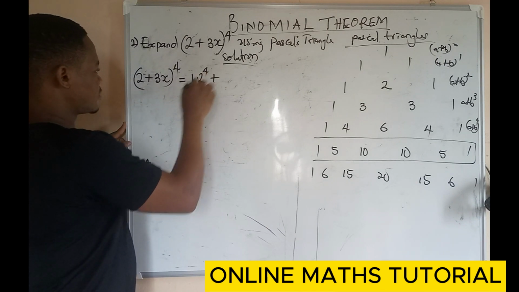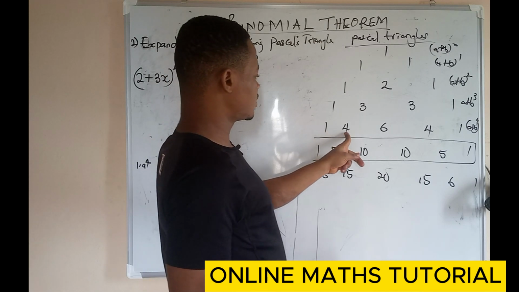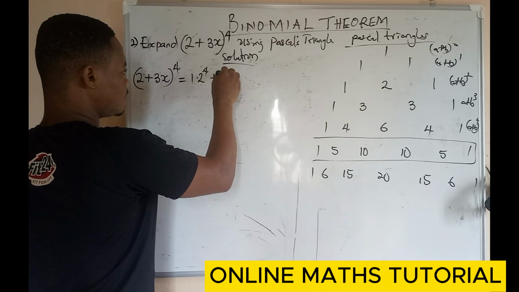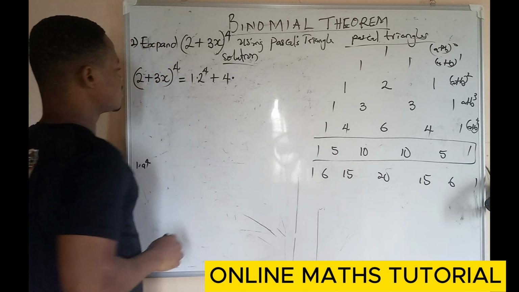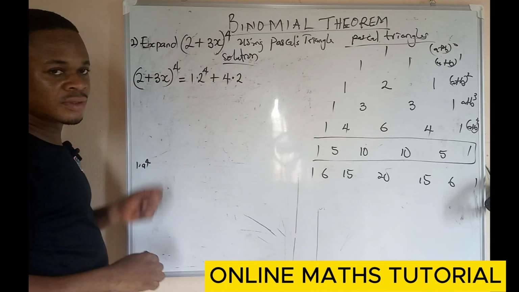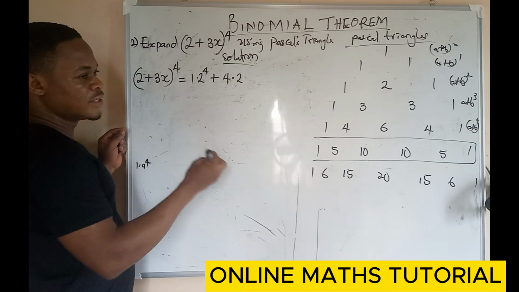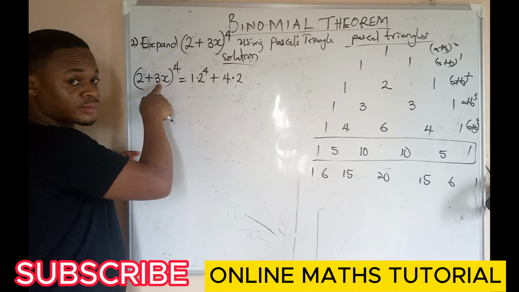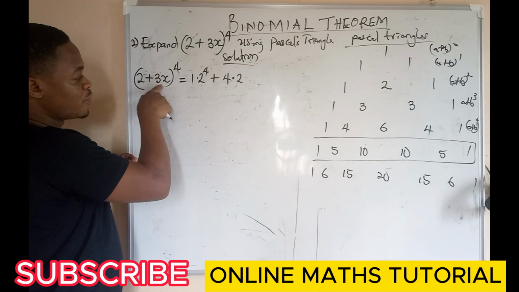Plus, what is the coefficient of the second one? It is 4. So we have 4, that is the coefficient, dot 2, all raised to power. Like I said, the powers of the first value here will be reducing, and you bring in this.